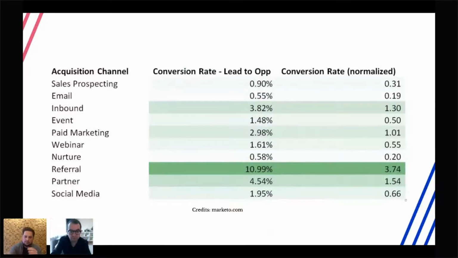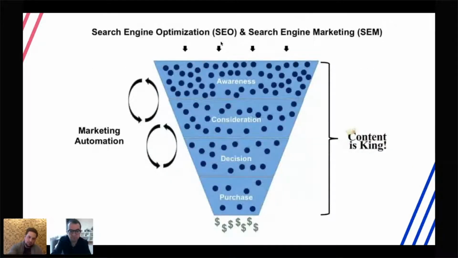This is a simple method. However, it's a baseline for further optimization. So if something like marketing automation is new to you, this is something that you should definitely consider.